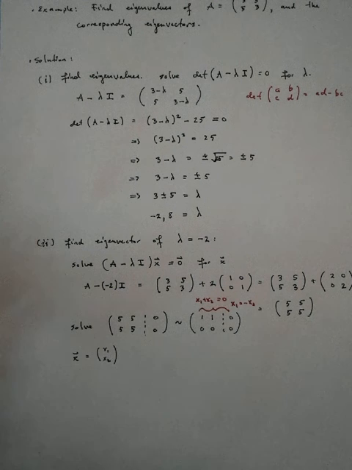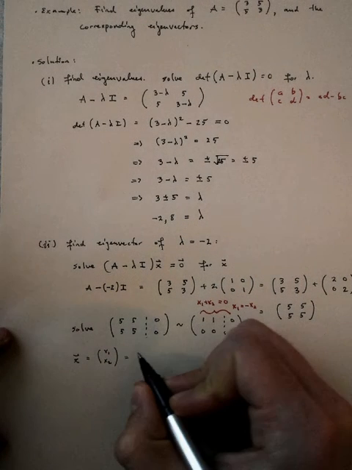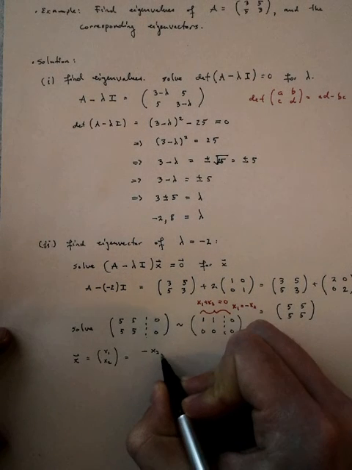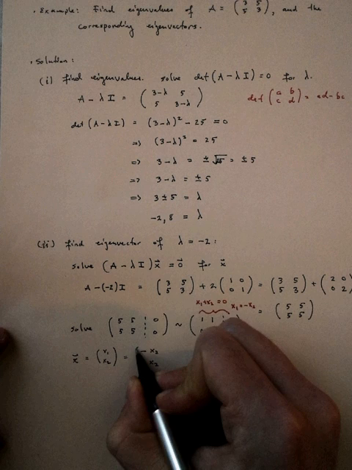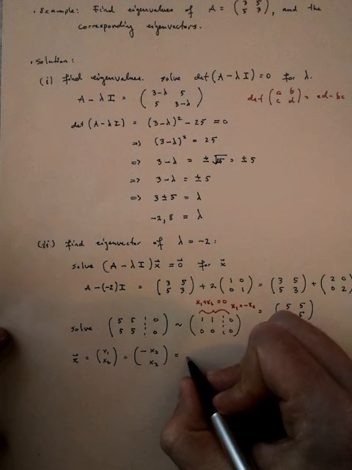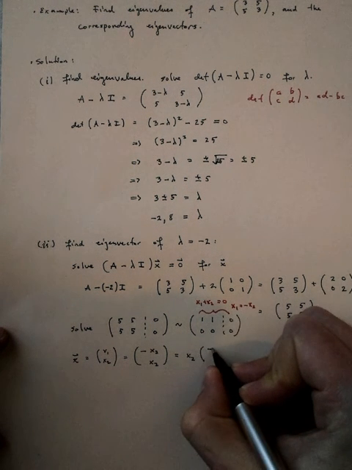So if x1 is negative x2, I'll plug that in here. I get negative x2 and x2. Factor out x2, and I get x2 times negative 1, 1.